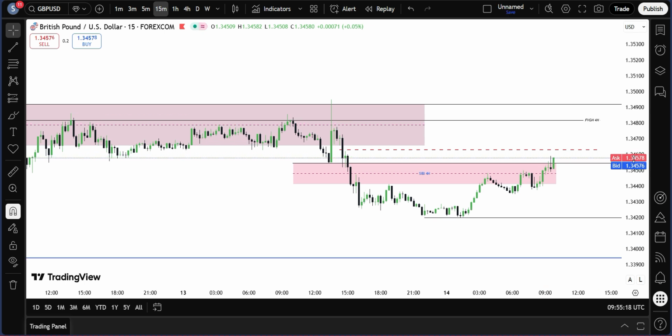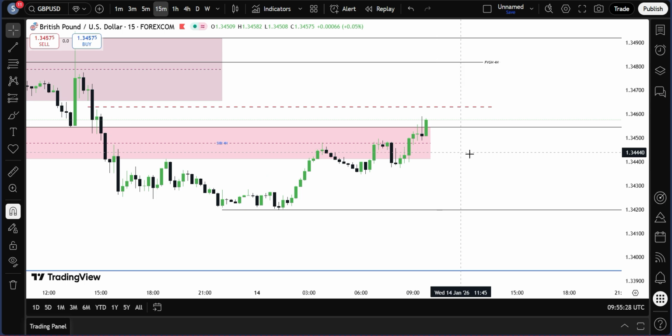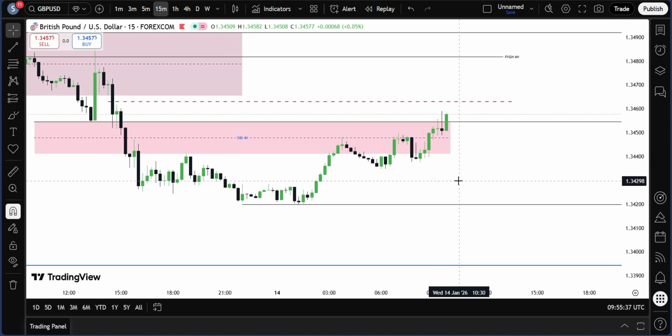As you can see, price is presently trading at 34575. It's actively moving upwards. We are just about 5 minutes to the next 4-hourly candle opening.